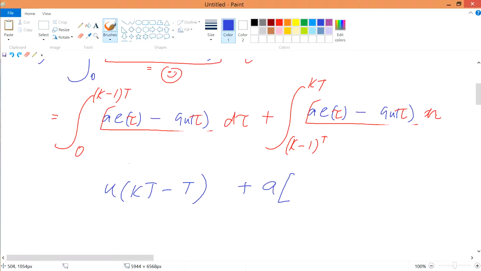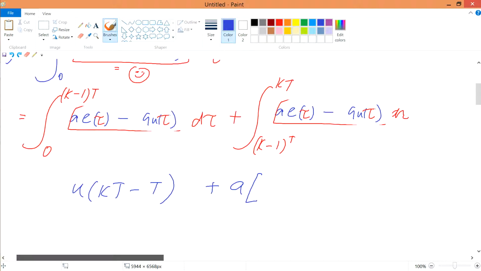But the general thing is that this thing over here, if you come to think about it, is actually u(k minus 1)t. So this thing over here is somewhat like a u in terms of (k minus 1)t, something like that. Just to inform you about that, because maybe in the future you might need to do these things again.